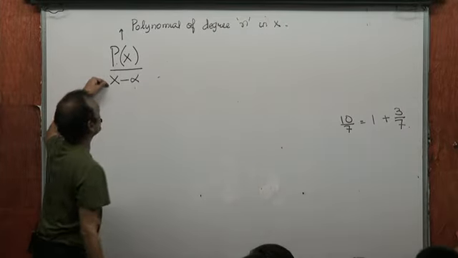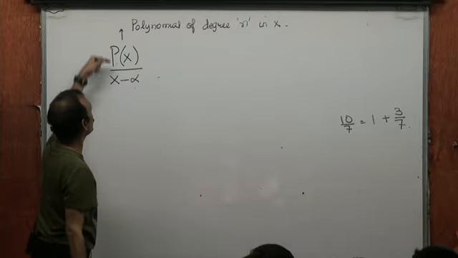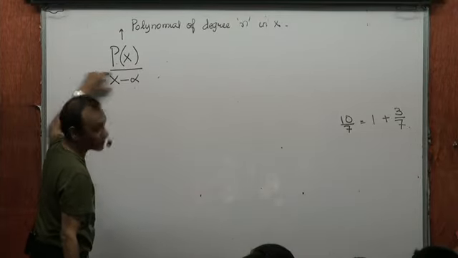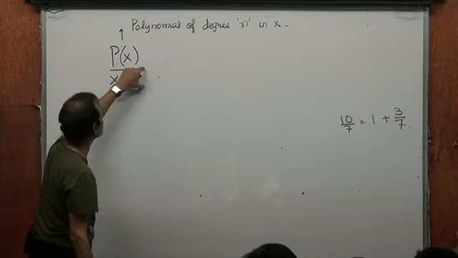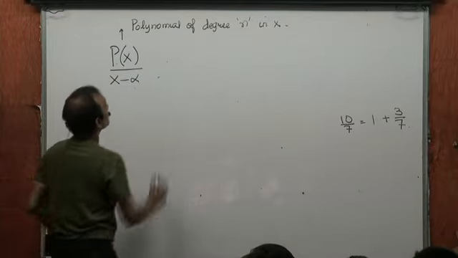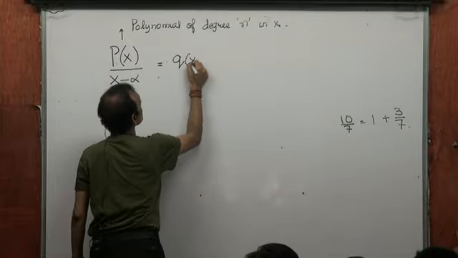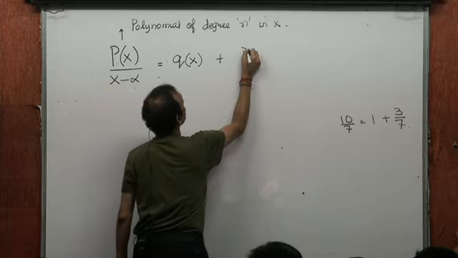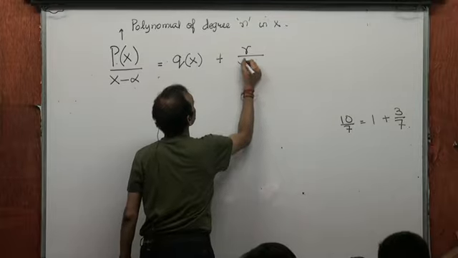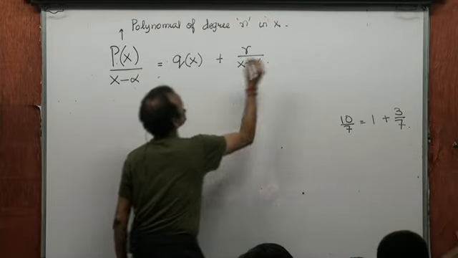Whenever you divide a polynomial by a linear expression in x, what results is a quotient q(x) plus a remainder r divided by x minus alpha. R is a number.